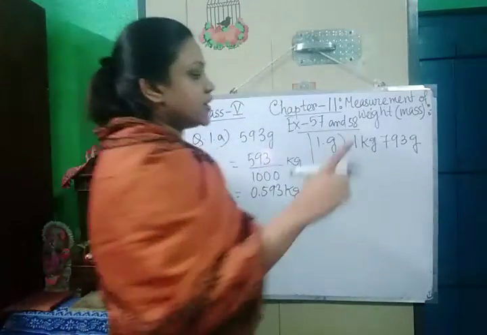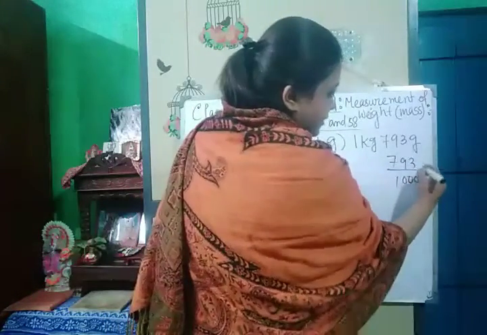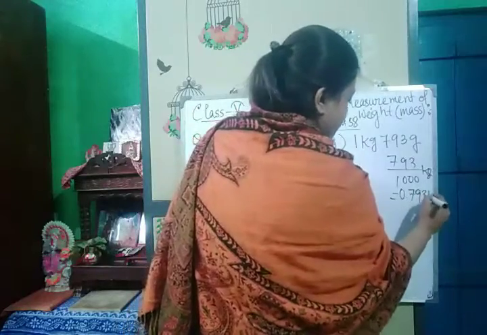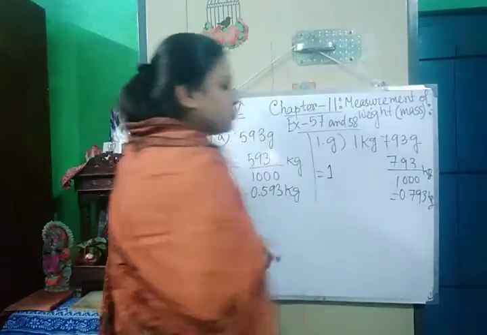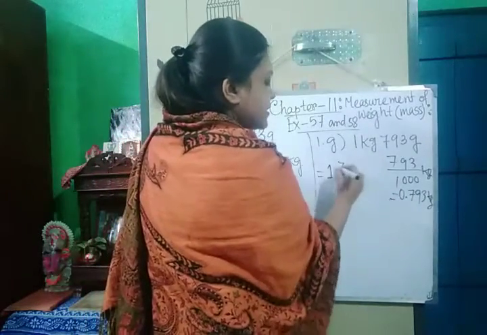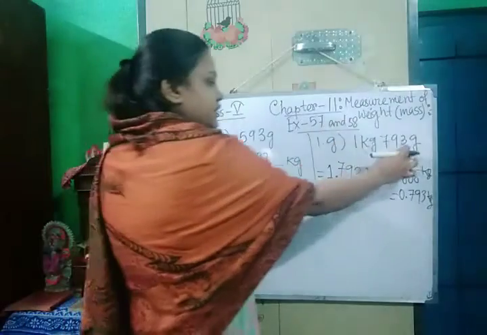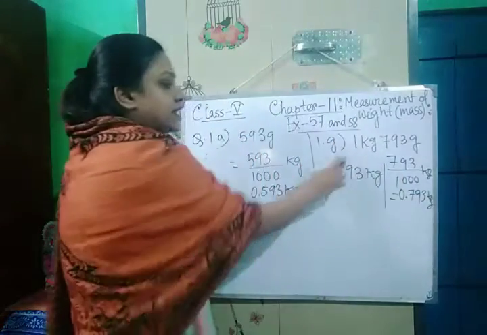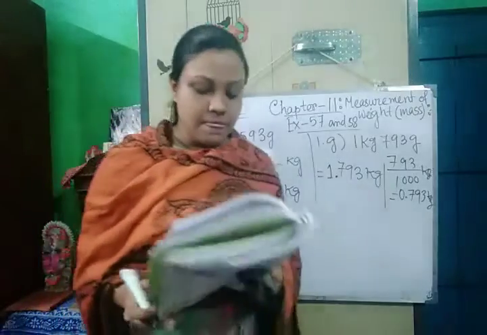So that will be 793 divided by 1000 kg, that means 0.793 kg. Okay, so what will we write? For 1 kg we will write 1, and for 0.793 we will put a point, then 793. I hope you understood. Just convert this gram to kg and write here 1.793. Okay, I hope this is clear.